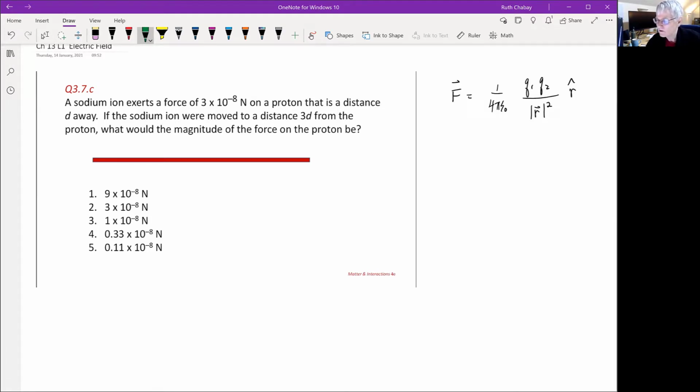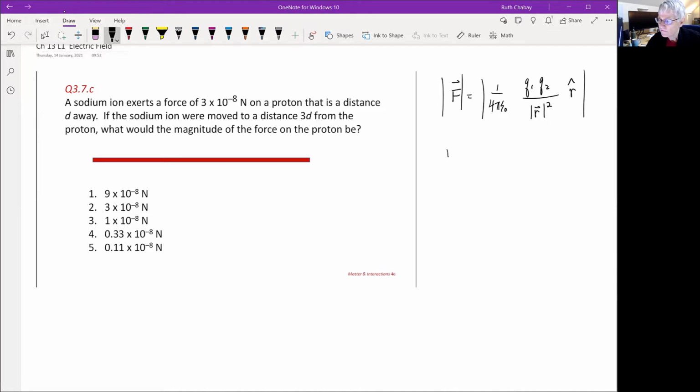Now, we're interested in magnitudes here. So we just want the magnitude of this, and the magnitude of a unit vector is always 1.